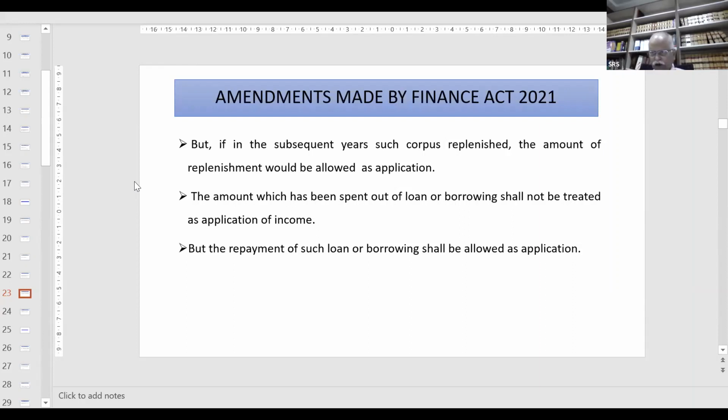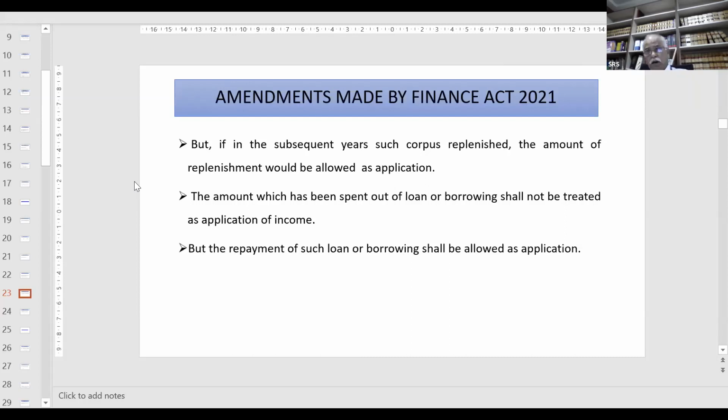Now, if you look at this fact, the capital asset created is 600. But what is the income applied? Income applied is only 200. It is not 600. You can't apply more than what you have earned. That 400 rupees is out of loan or borrowing, which was never to be treated as application of income.